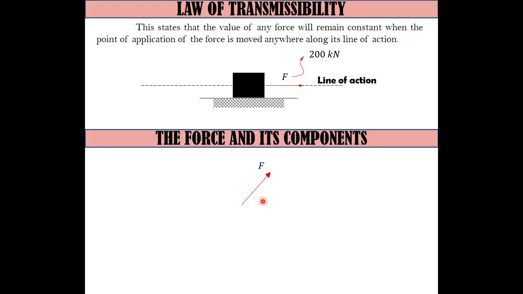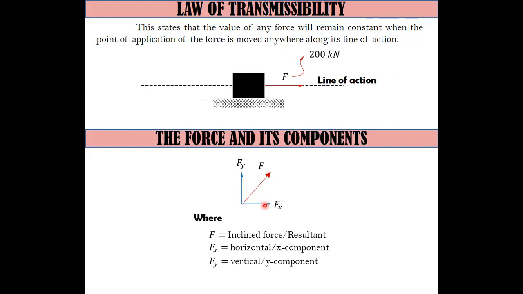It will be subdivided into two components, horizontal and vertical. The horizontal component is eastward, and its vertical component is upward. We can also describe these as the x component and the y component.